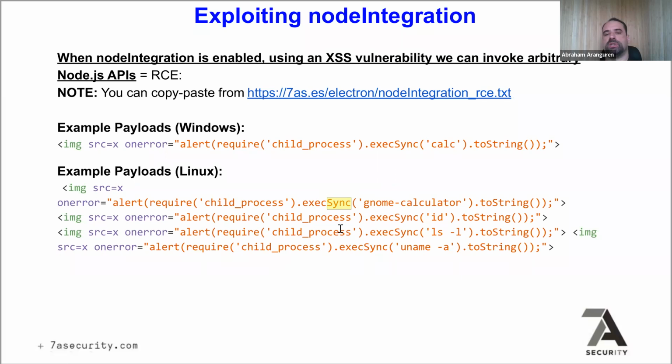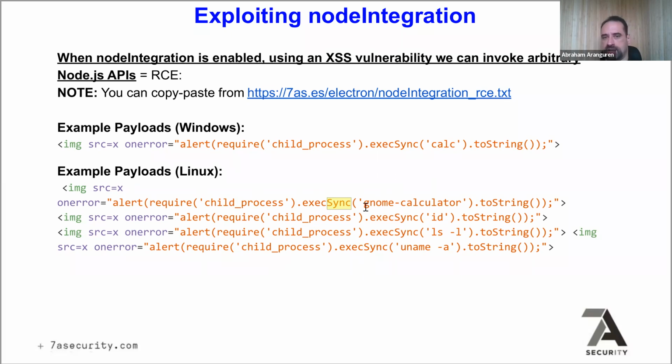Sometimes if you have code execution and you don't use the synchronous functions, even if your remote code execution is working, you might not know about it because it just runs at a different moment, in the background, before you get the response. You want the command to wait until it finishes and then return the output to alert so that you can see it, right?